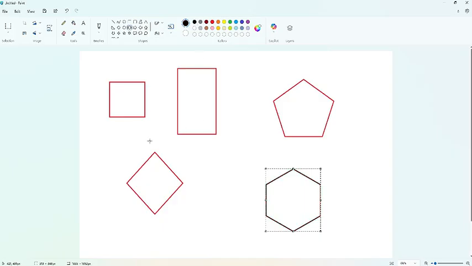Okay, now let's see. Rotational symmetry. Rotational symmetry is just a point in the middle. That's where it's going to be rotated.